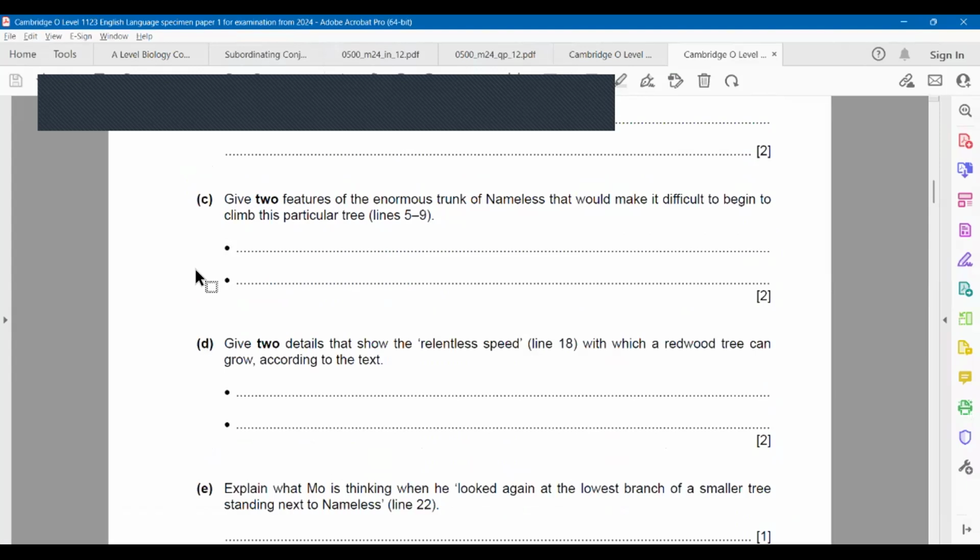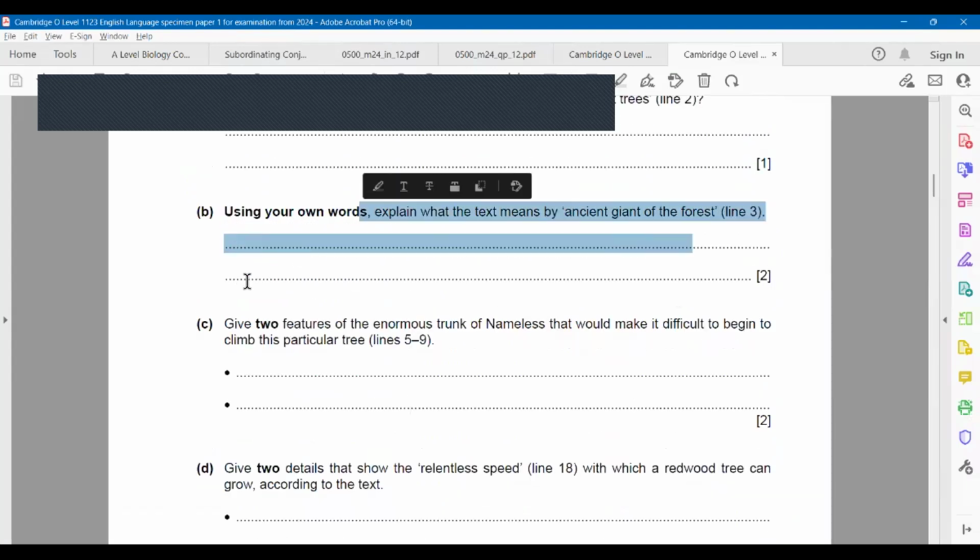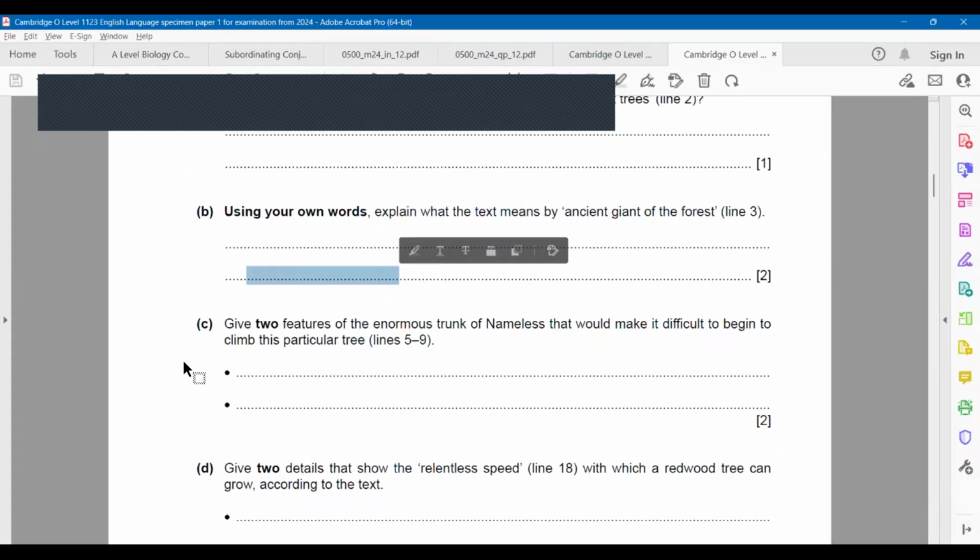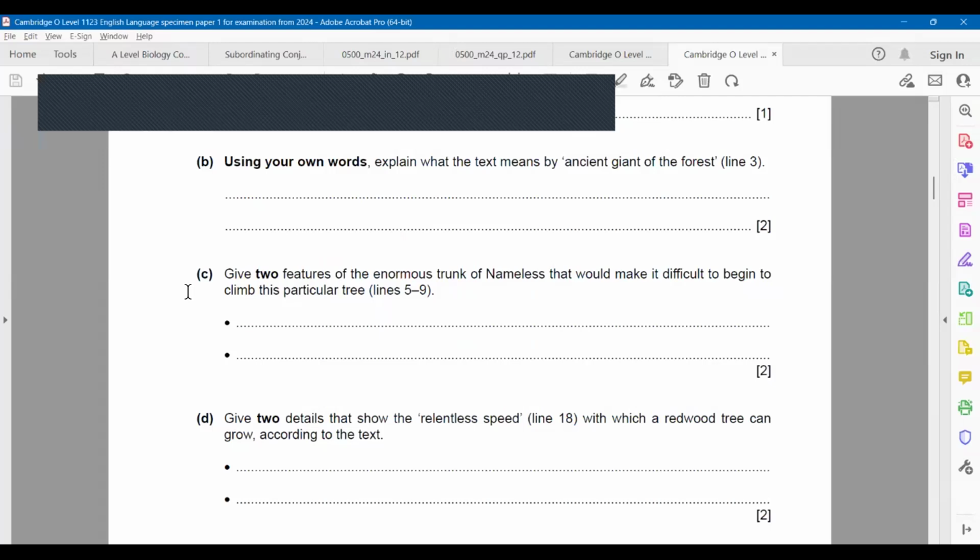If they didn't give you the bullet points, it's just two straight lines like over here. On your own, do not put bullet points in your answers. Do not put numbering in your answer. Write two separate sentences.